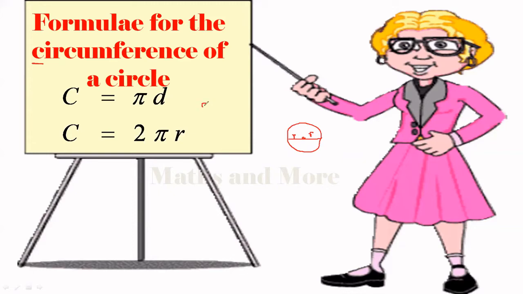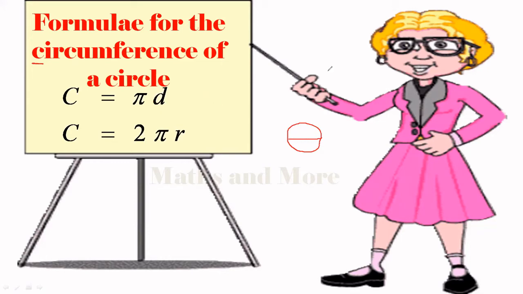Then diameter D equals 2r. So in this formula, in the place of D, we put 2r. If we put 2r in the place of D, what happens? Pi into 2r, 2 pi r.